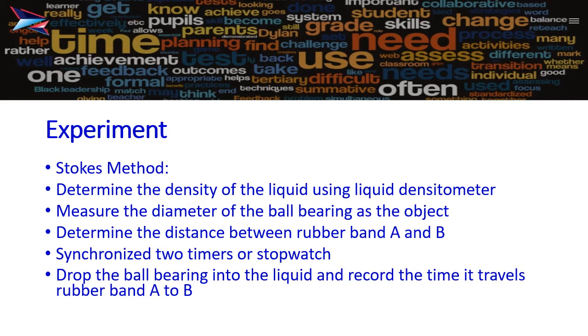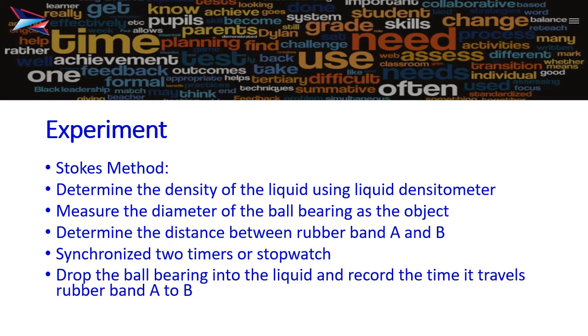The second one, we need to determine the diameter of your ball bearing as an object. This ball bearing is a bit small, so you need to use a measuring instrument that is very proper in rigor. You need to take into account the least count of your measurements.